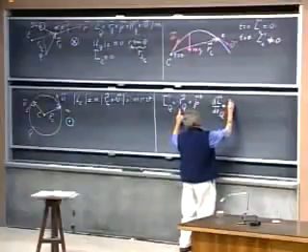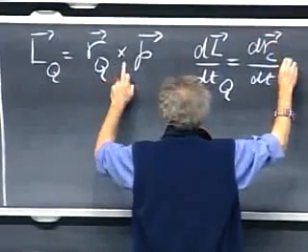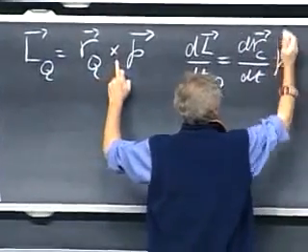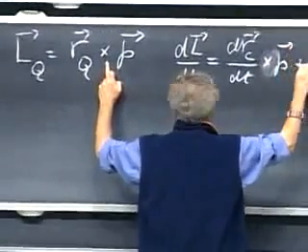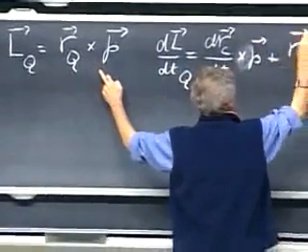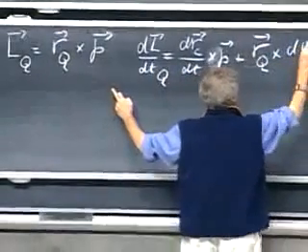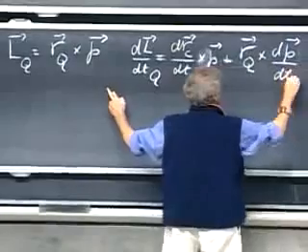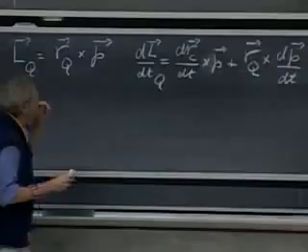That is going to be dr/dt cross P plus r of Q cross dp/dt. This is the way that you take the time derivative of a cross product.